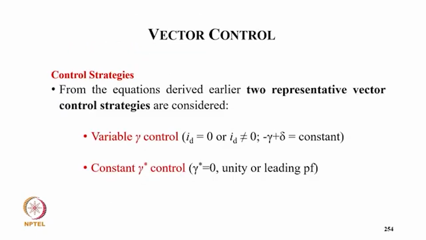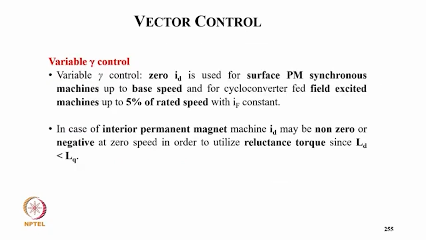So coming to control strategy, from the equations derived earlier, two representative control strategies are considered: variable gamma mode and constant gamma mode, that is, ID equal to 0 or ID not equal to 0, that is minus gamma star plus delta equal to constant, and constant gamma control, or gamma star equal to 0, or unity or leading power factor.